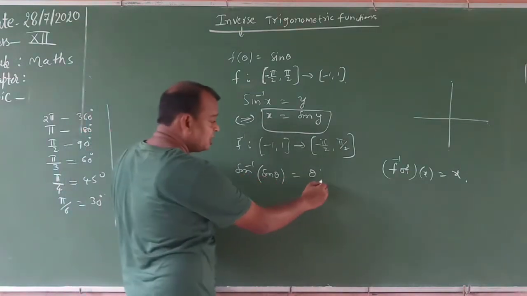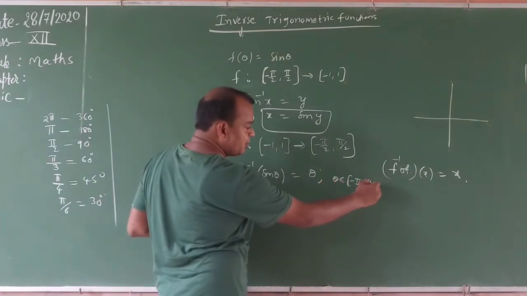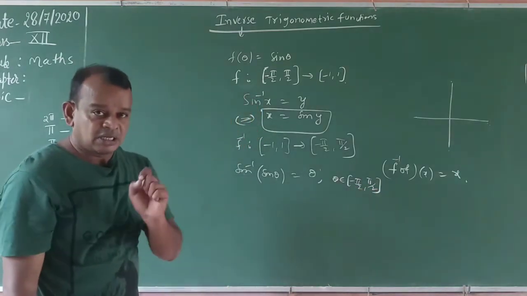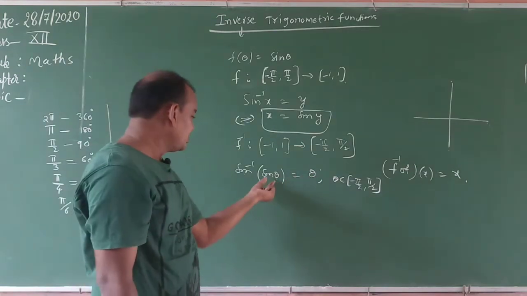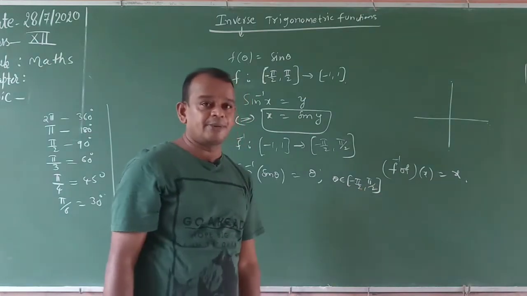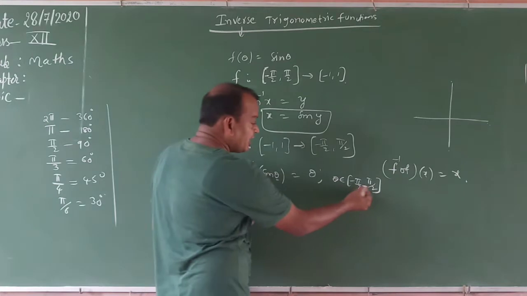Whenever it is possible, this theta value always lies between minus pi by 2 comma pi by 2. You remember this one. Sin inverse of sin theta is equal to theta, where theta belongs to minus pi by 2 comma pi by 2. Whenever the answer is theta, this theta value must be in minus pi by 2 comma pi by 2.